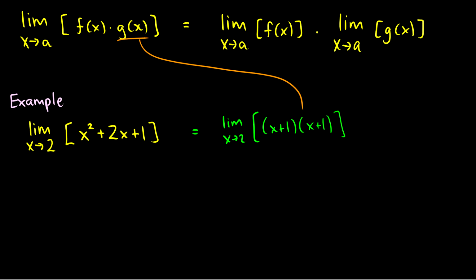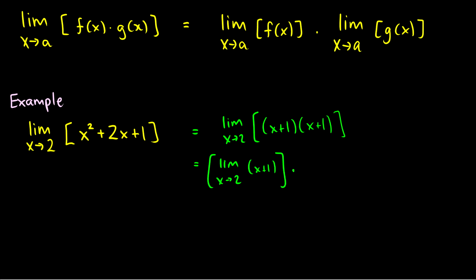So now we can split these up. So we can just take the limit as x goes to 2 of x plus 1, and then we can multiply it by the limit as x goes to 2 of x plus 1, and this should be the same thing. So the limit as x goes to 2 of x plus 1 is just going to be 2 plus 1.